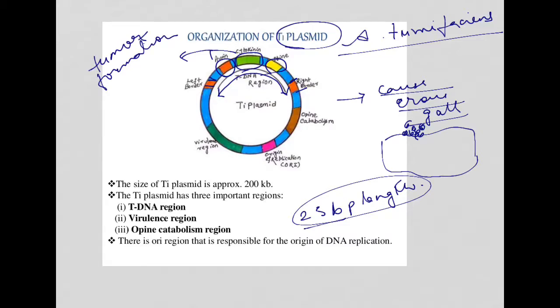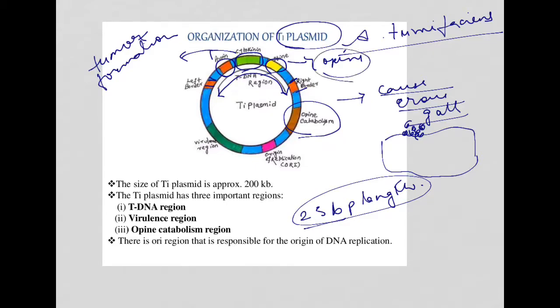The opine gene produces opine that will be catabolized with the help of opine catabolizing proteins, so that the bacterium can take carbon, nitrogen and other nutrients from opine.